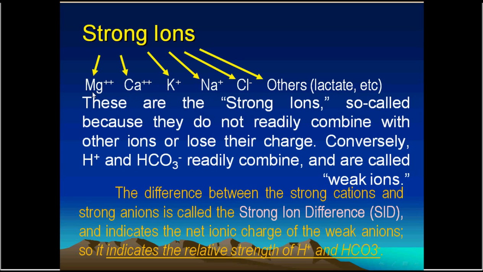Strong means that, like magnesium, calcium, potassium, sodium, these are strong cations because when they are present in a solution, they are present usually charged and they do not readily combine with the other ions. They are fully dissociated. So this is another important point. Fully dissociated and charged.